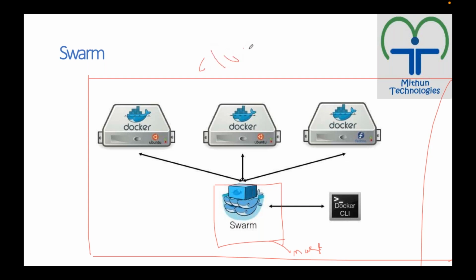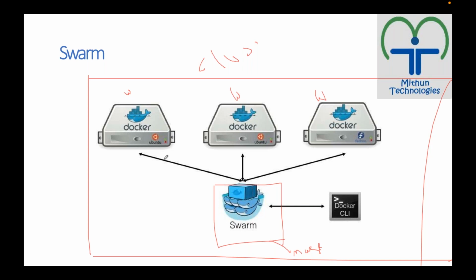Yes. So I have a master, and I can call these things workers, the workers which are part of that cluster, the worker nodes. Nodes can be a worker node or a master node. So this is a master node, and these are the worker nodes.